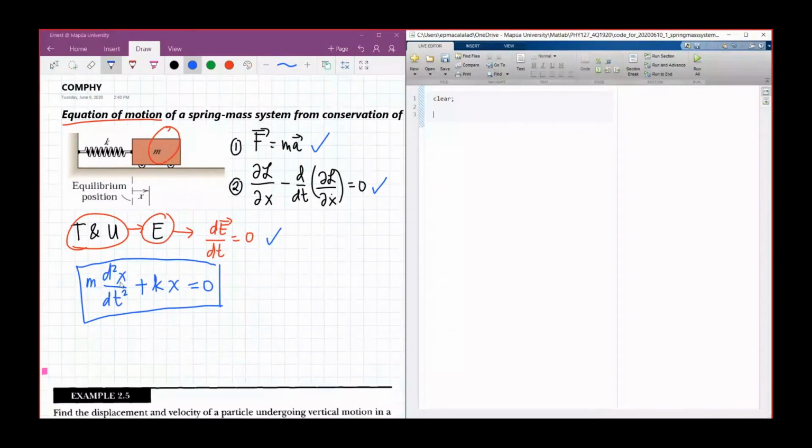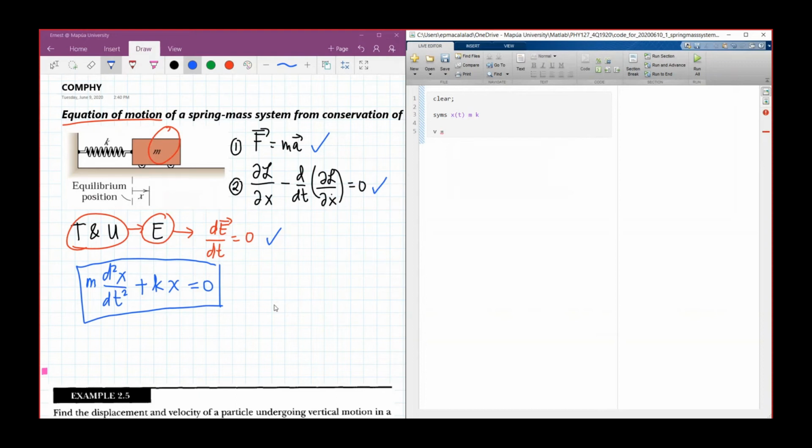Here we need to define the position function x, using syms x, and we also define m and k. Now we set the velocity function v equal to the derivative.